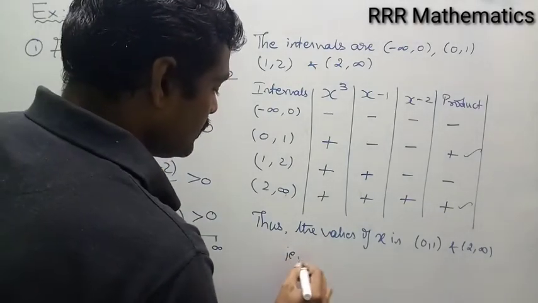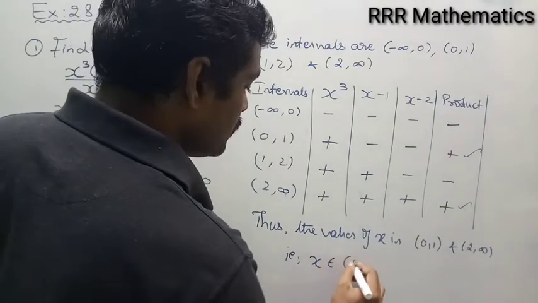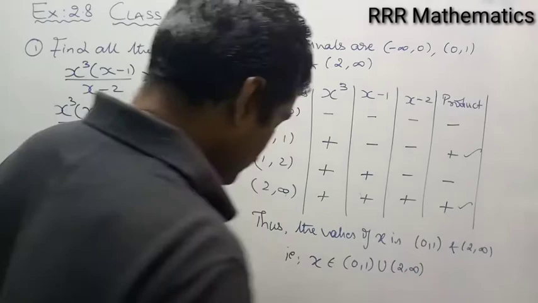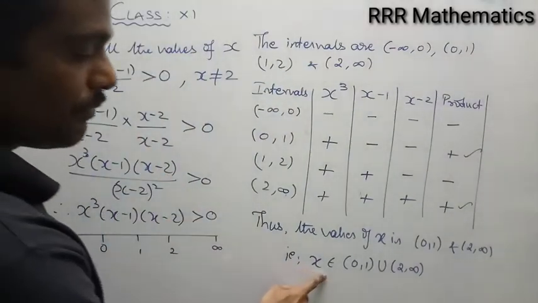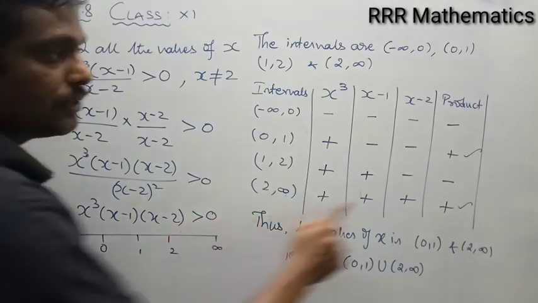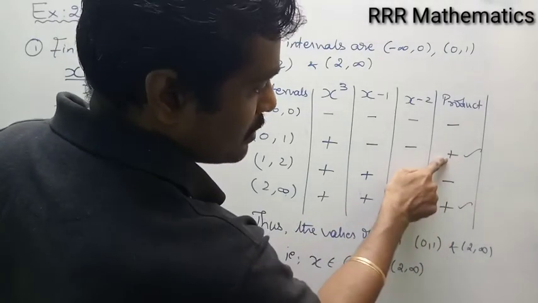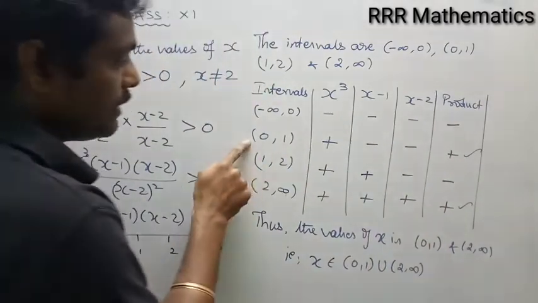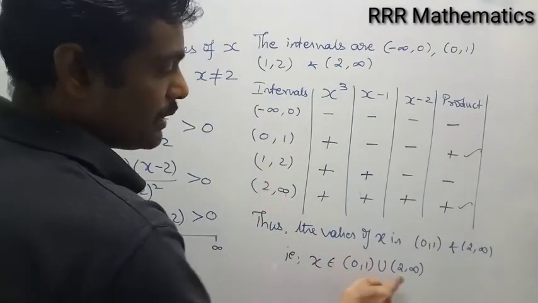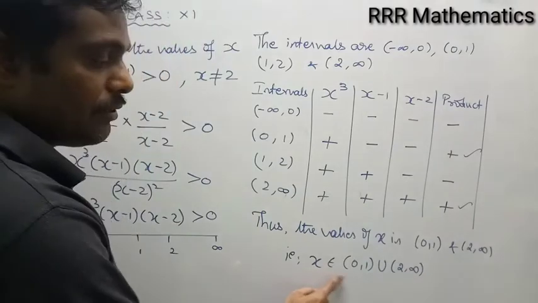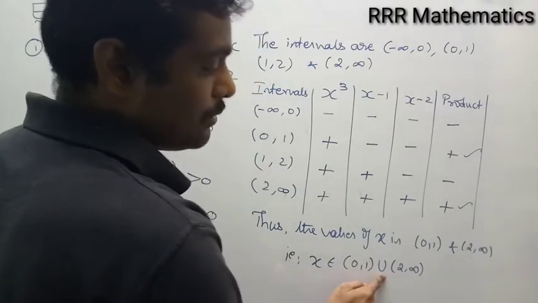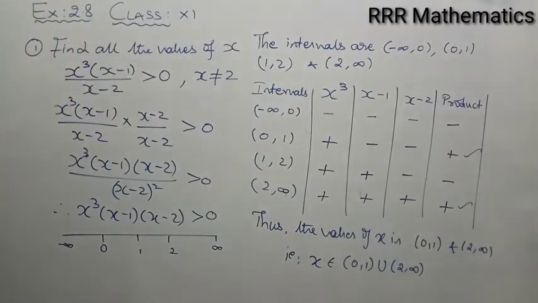That is, x belongs to 0, 1 and 2, infinity. Got it? The values of x belong to 0, 1 because the inequality is greater than 0. So greater than 0 means positive. Positive appears here and here, in the respective intervals between 0 and 1 and 2, infinity. So the value of x belongs to 0, 1 and 2, infinity, and I use the union sign. Is it clear? Very simple.